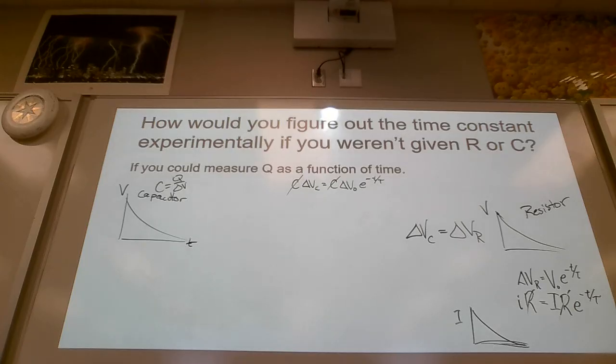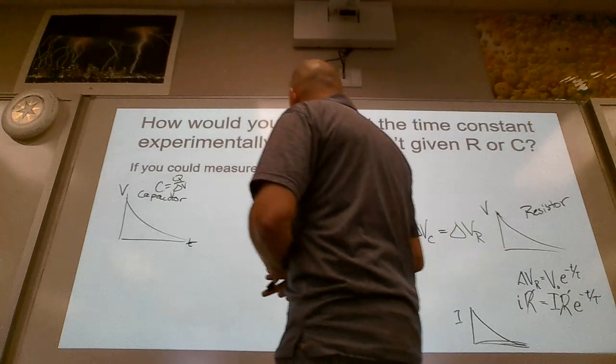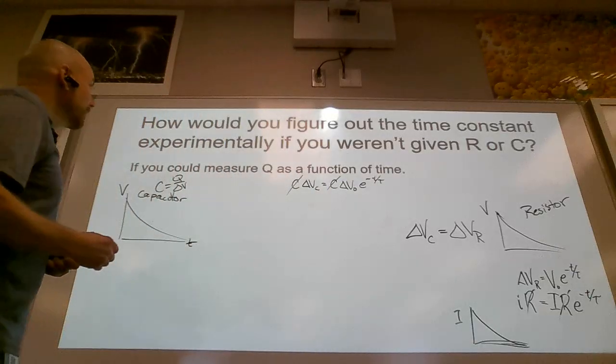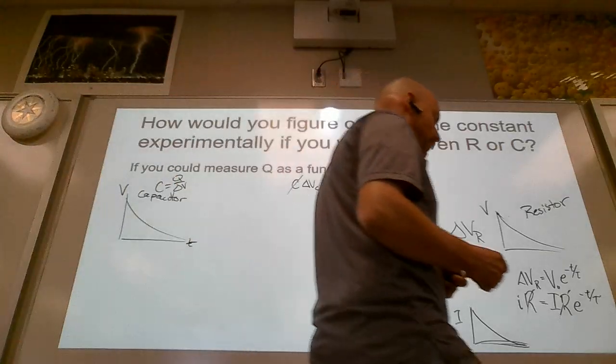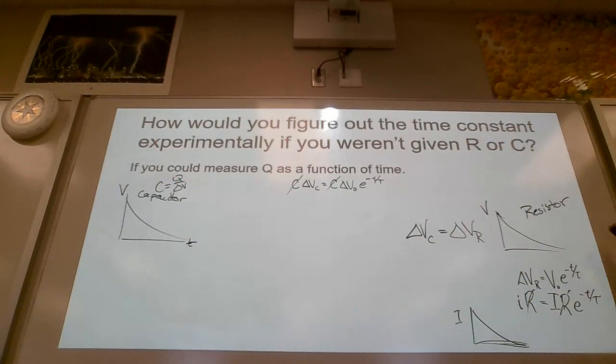This is probably like a free response part lab question. I could figure out the time constant experimentally if you weren't given R or C, but you could if you had a function of time or charge as a function of time.